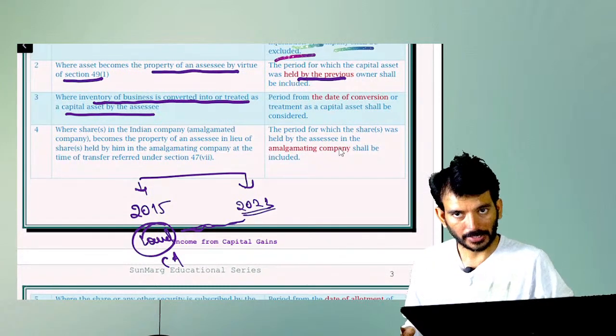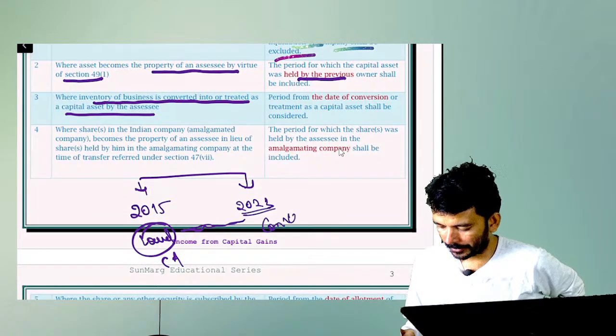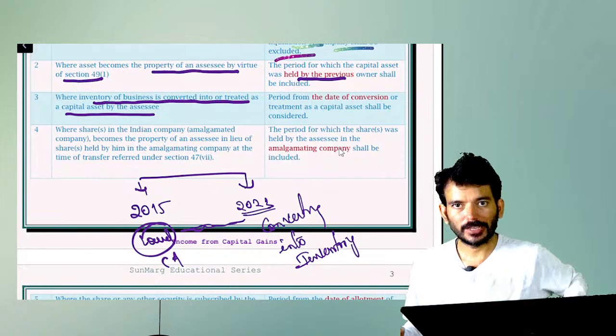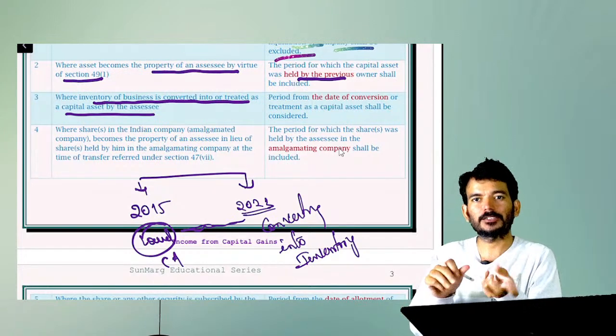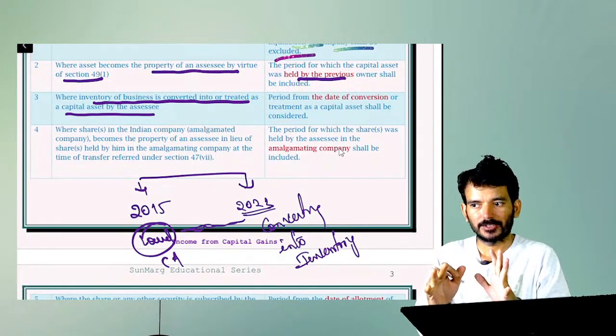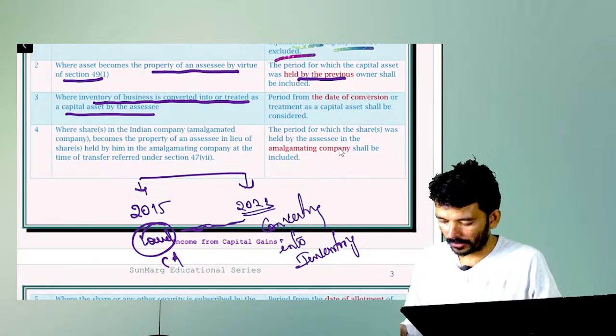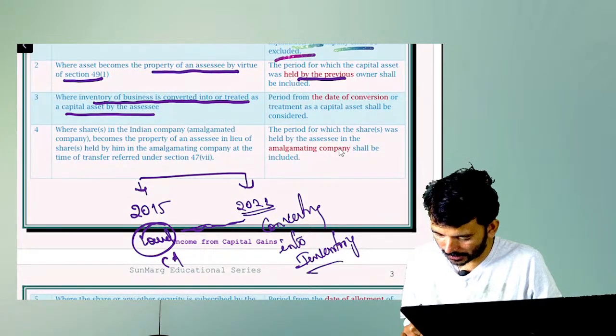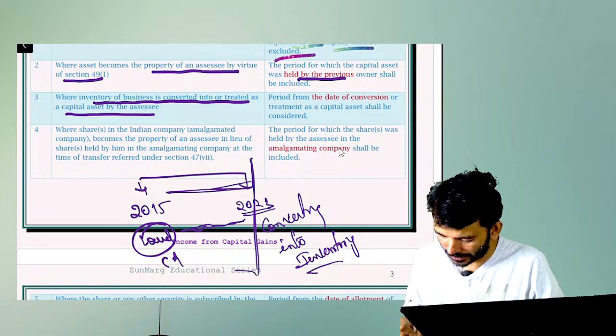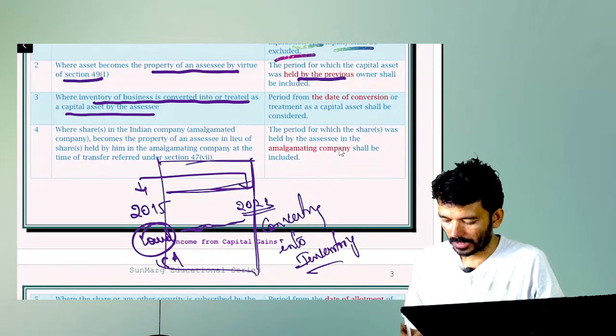But in 2023, I'm converting it into inventory, right? Just now I said whenever there is a conversion of capital asset to inventory, it is a transfer. But what is the period of holding for this? This is also the day when you are converting. Till that day you have to consider what is the period of holding.